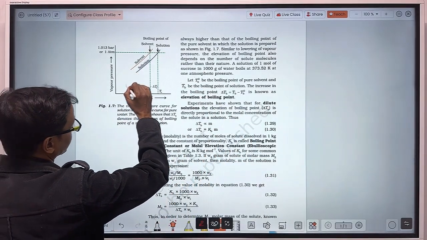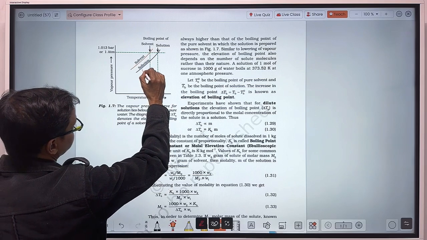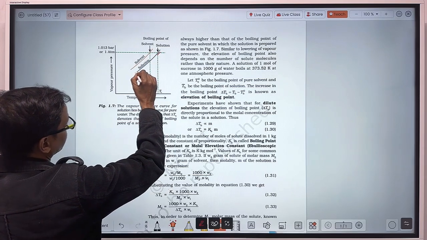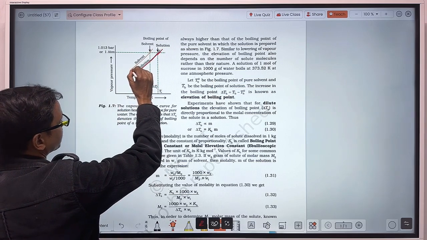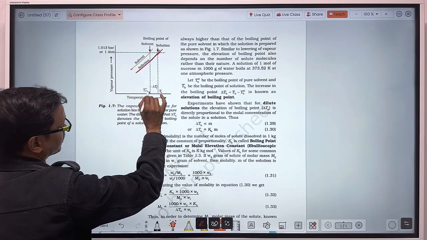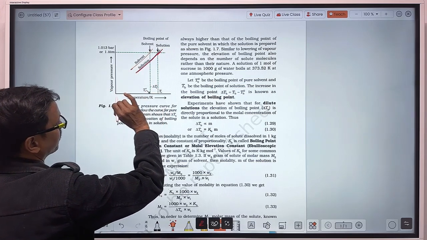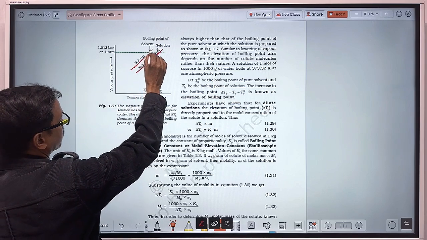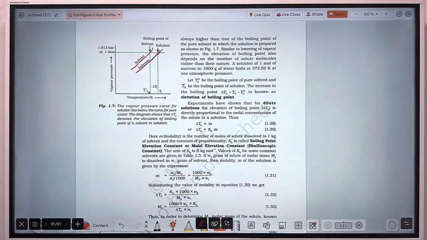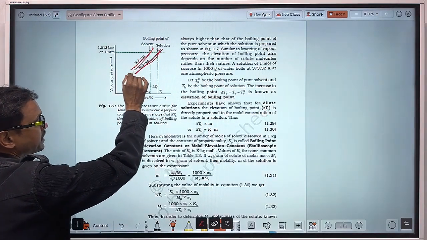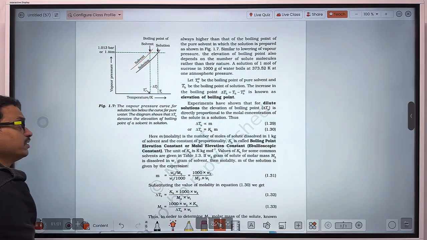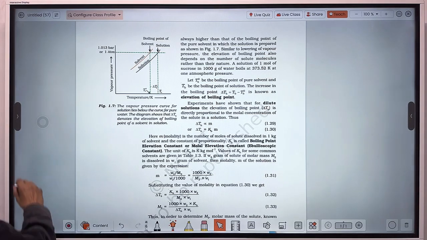Here, when temperature increases, the vapor pressure of the solution increases, and when the temperature of the solvent increases, its vapor pressure also increases. If you decrease the temperature, the vapor pressure decreases. That is valid for both solution as well as solvent.